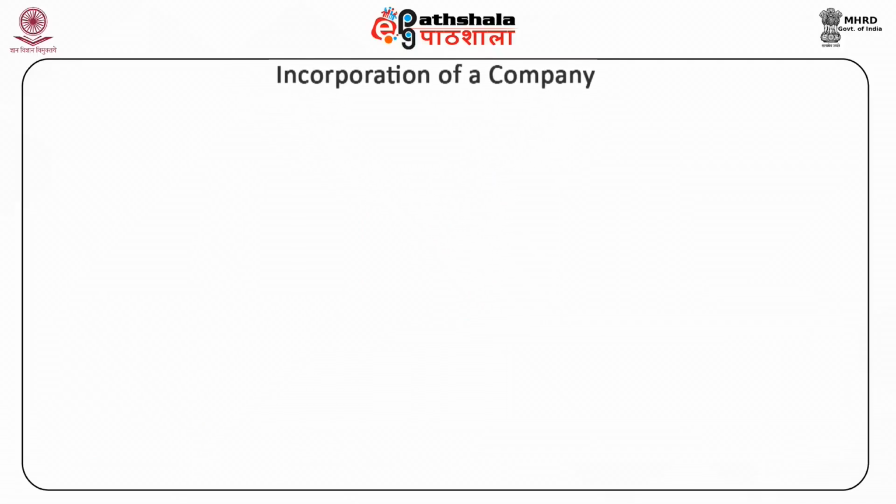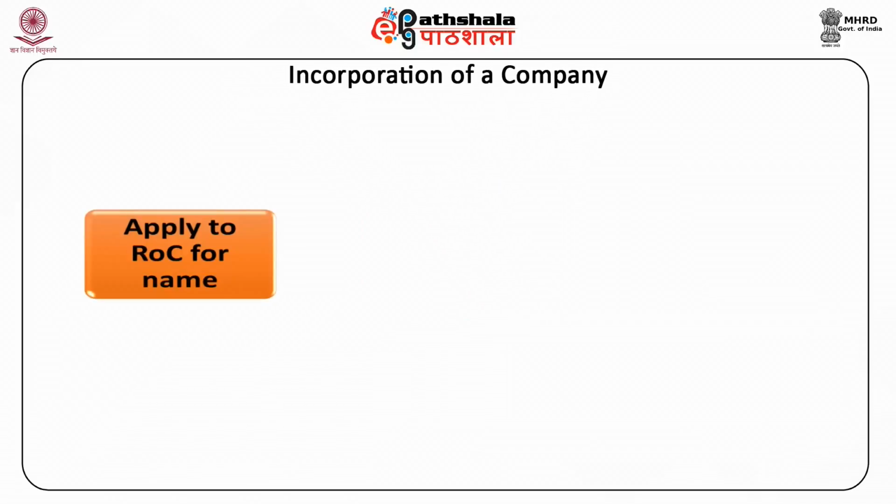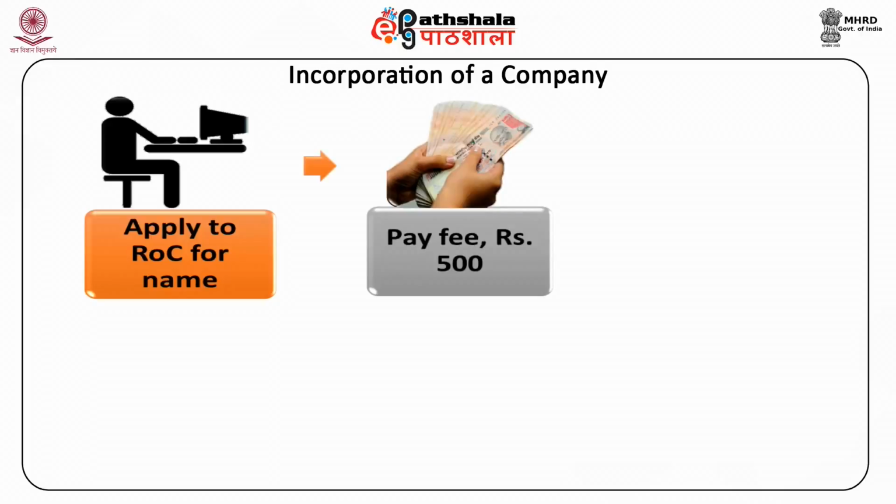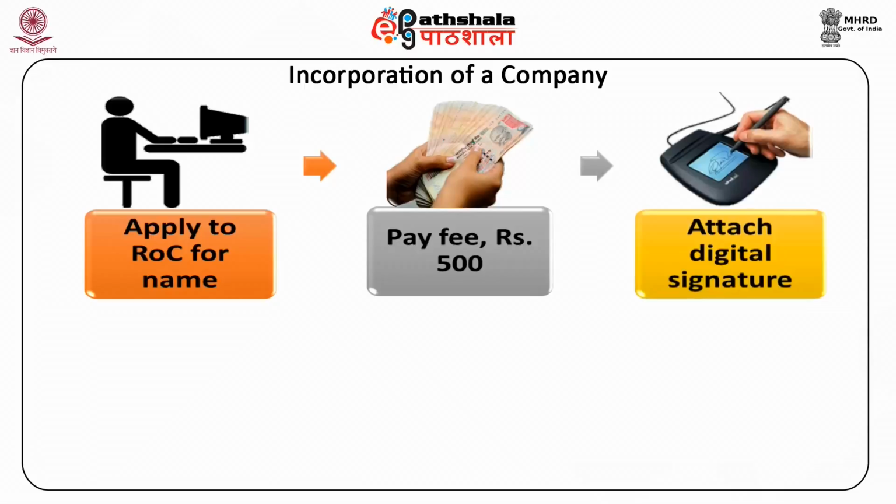The third step is to apply to the concerned Registrar of Companies to ascertain the availability of name in e-form 1A by logging into the portal. A fee of rupees 500 has to be paid alongside, and the digital signature of the applicant proposing the company has to be attached in the form.